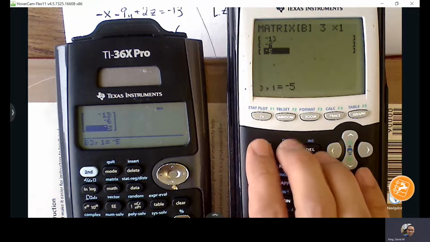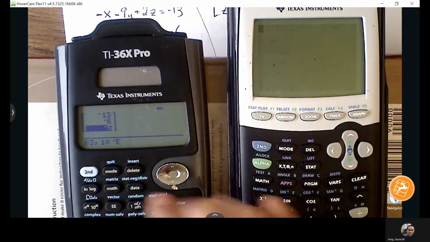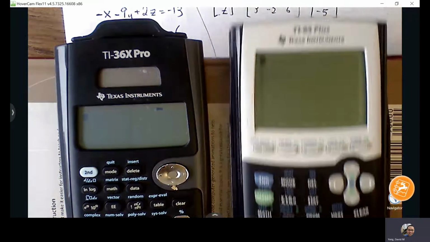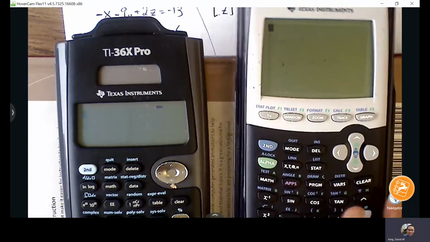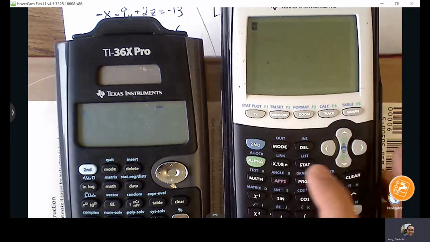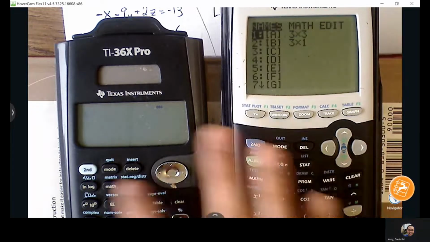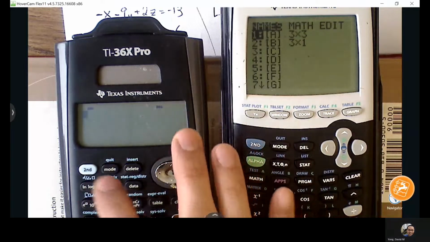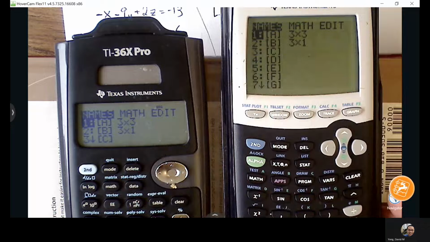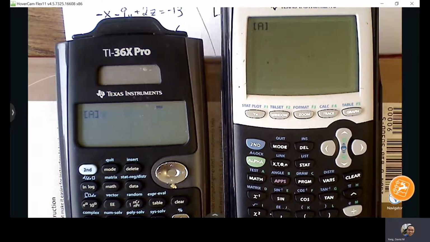So do second mode. Now you're going to call your inverse of matrix A multiplied by matrix B. So go to your matrix screen. Under names, call matrix A. And now you want to make this the inverse.